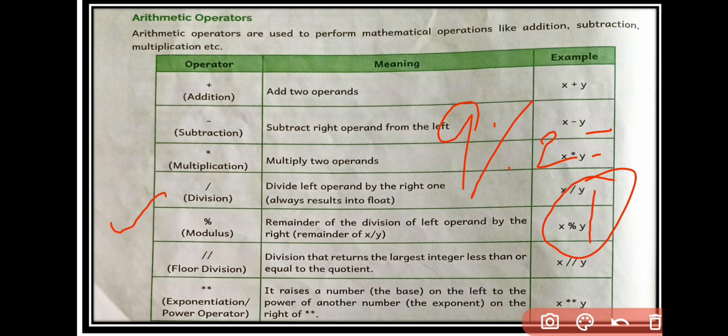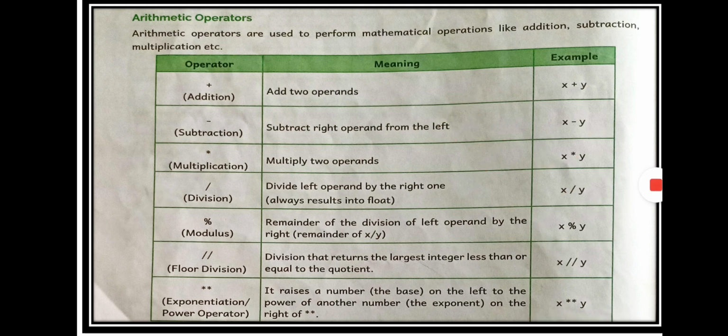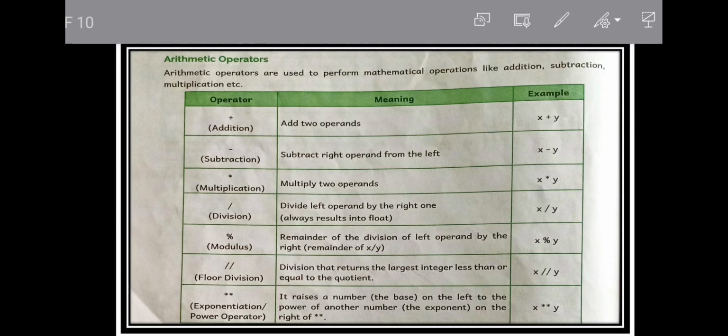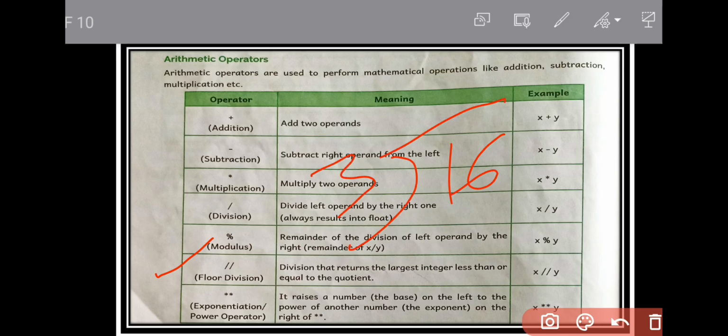Next is floor division, which returns the largest integer less than or equal to the quotient. For example, 16 divided by 3: 3 fives are 15, and 3 threes are 9.